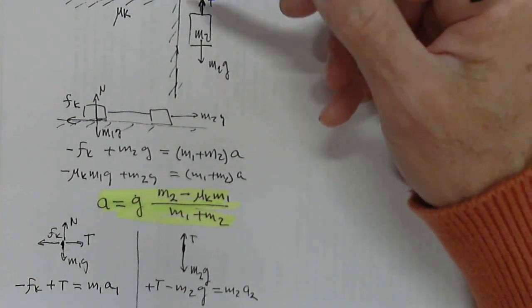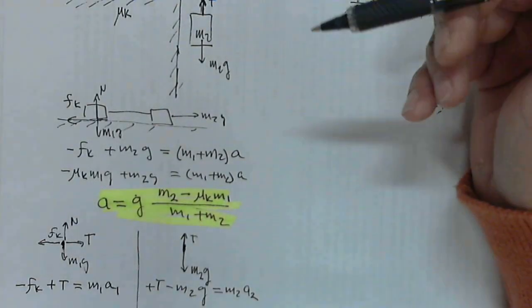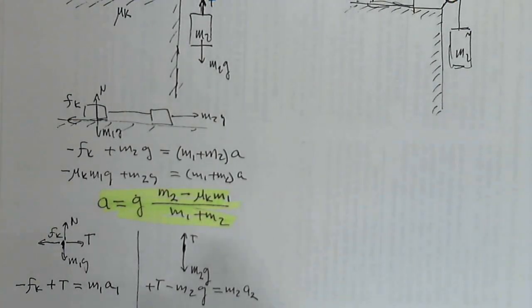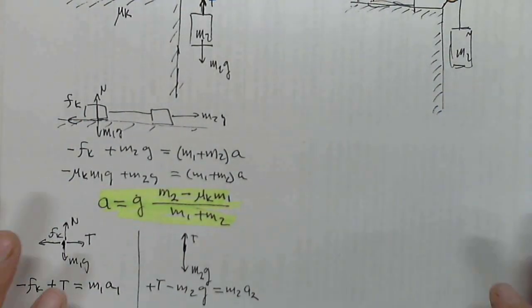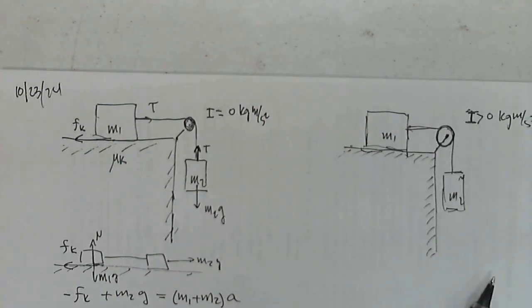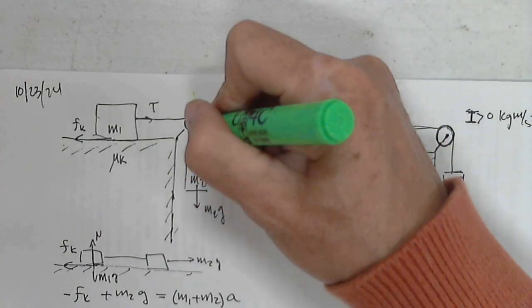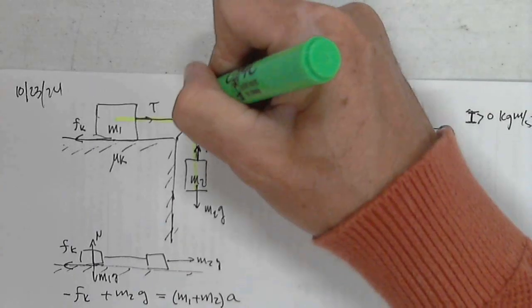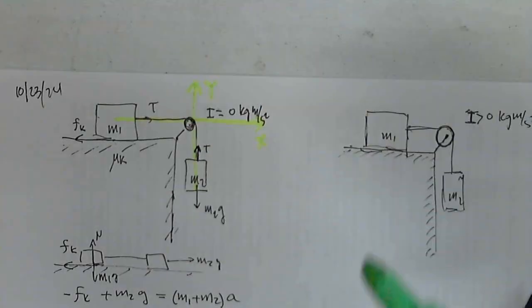And because they are connected by the length of the rope, the accelerations, and this is interesting, I'm going to put my axis here, and you're going to see why later.